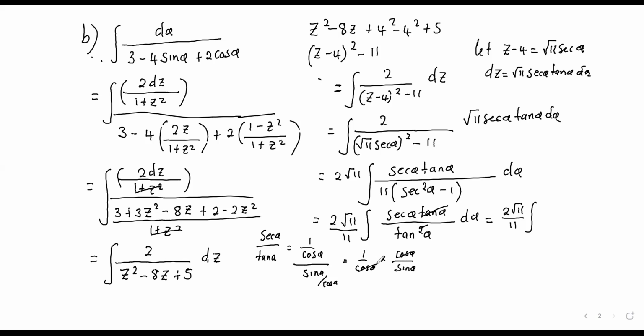So these will cancel. So we're going to remain with 1 over sine. So here 1 over sine is the same thing as cosec theta d theta.